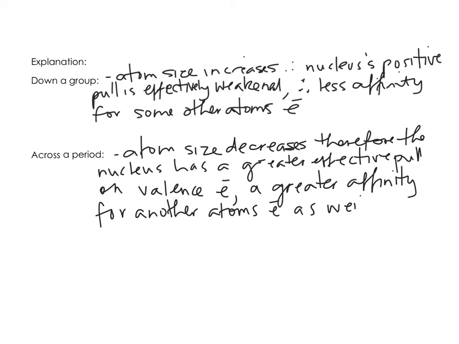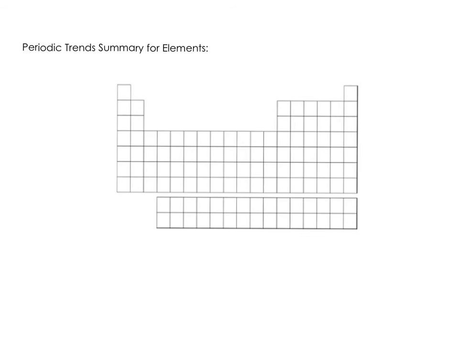So the smaller you are, the stronger the pull on somebody else's electrons. Okay, we're going to basically label this periodic table sketch with the summary of the trends. I want to do it in terms of increasing.